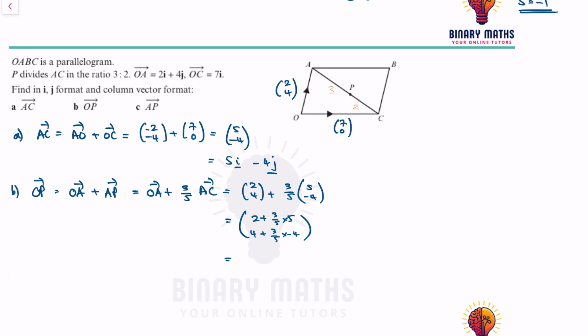So I get 5 at the top and 1.6 at the bottom, which means I get 5i plus 1.6j.